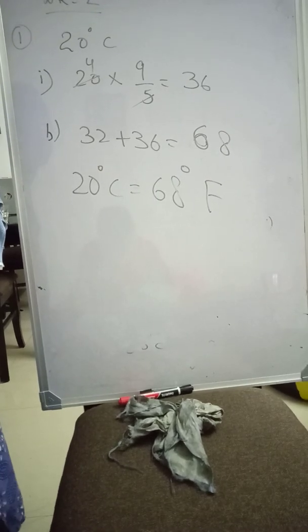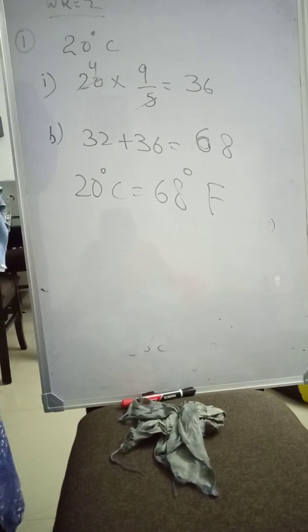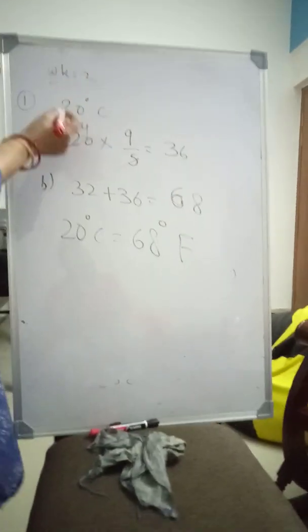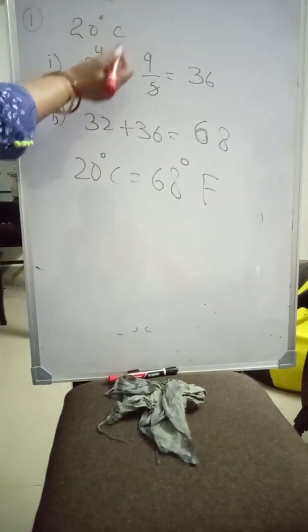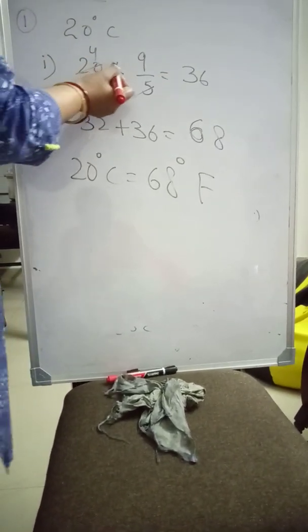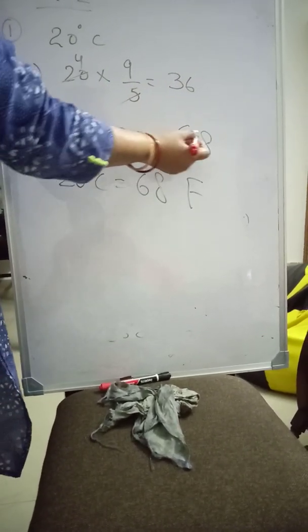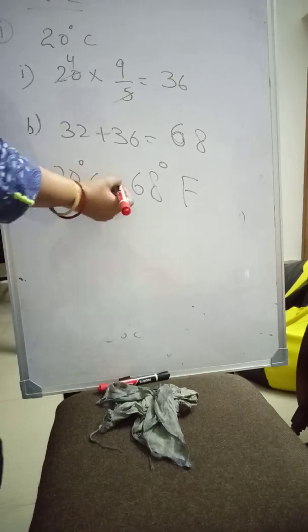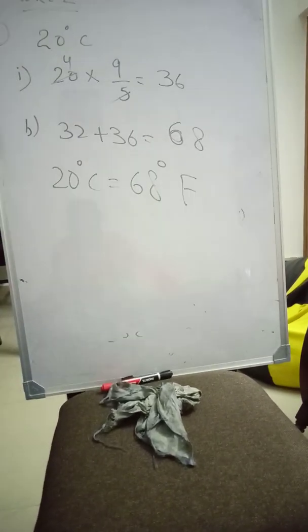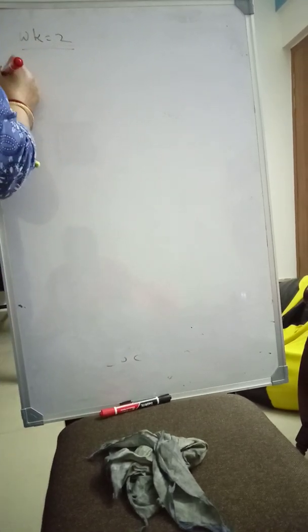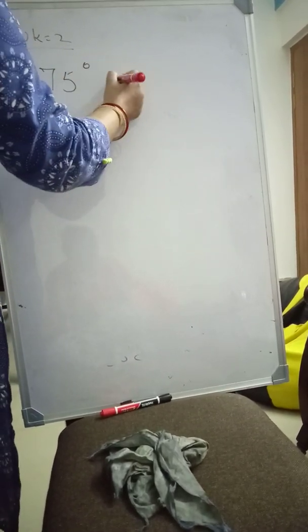Right? Now let us move to another example. First step, multiply this 20 with 9 by 5, you will get 36. Second step, add 32 with 36, which is equal to 68. So 20 degree centigrade is equal to 68 degree Fahrenheit. Now let us take another example, B. 75 degree centigrade.